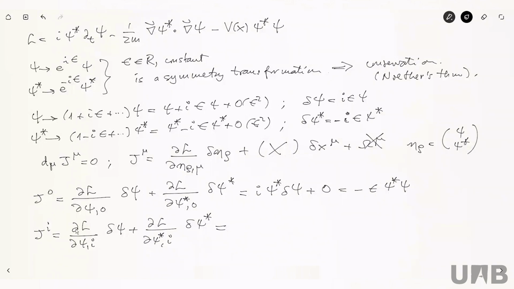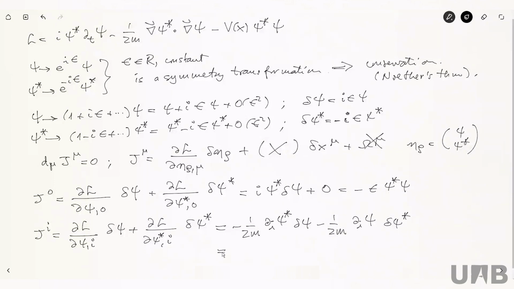Minus 1 over 2m ∂_i ψ*, and now δψ. Plus the same thing with respect to ψ*. We repeat the same thing, but we exchange the roles of ψ* and ψ. So this is ∂_i ψ times δψ*.